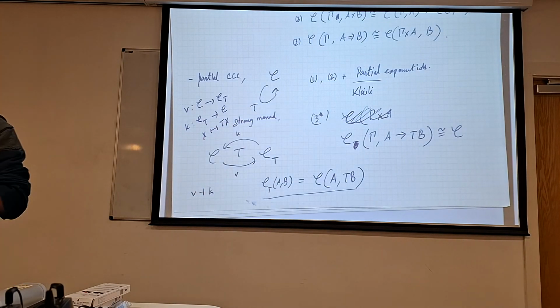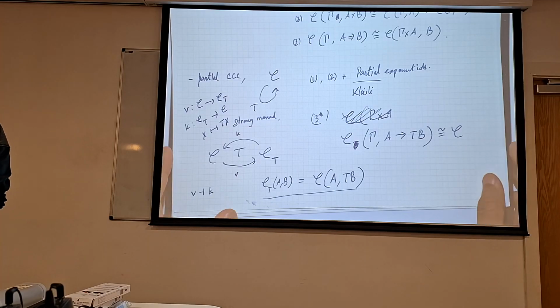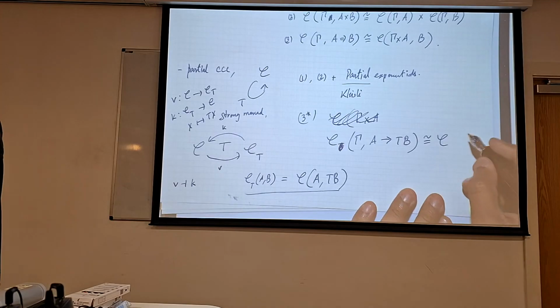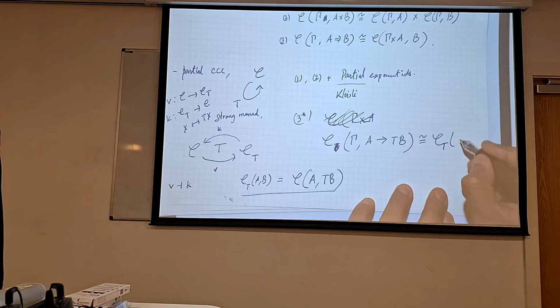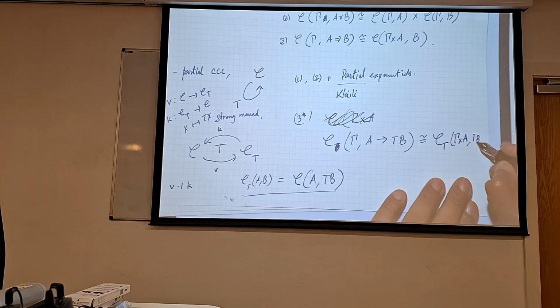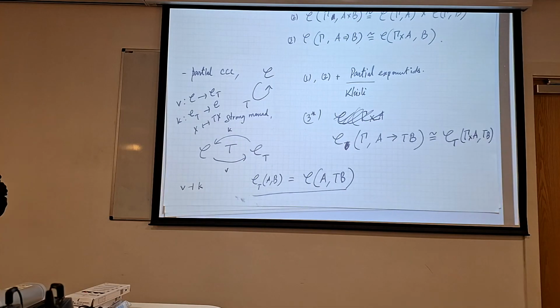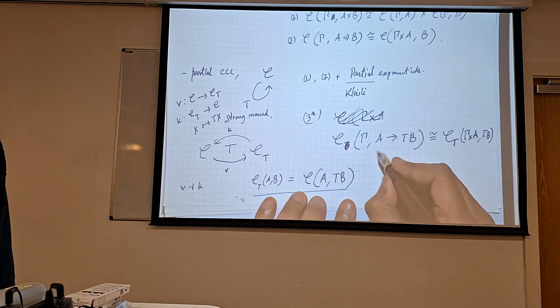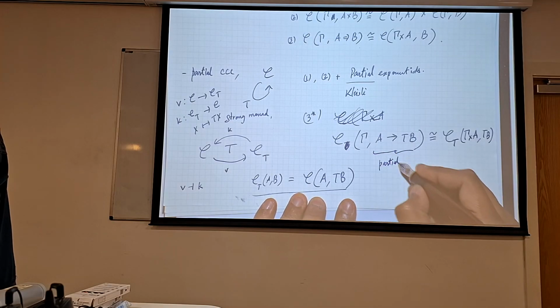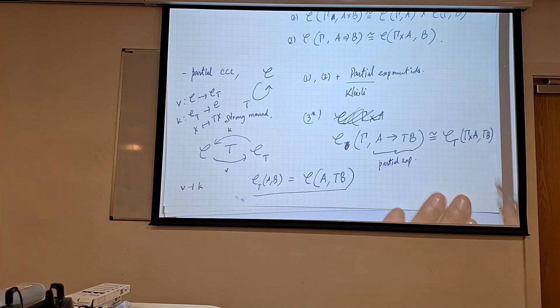All right. And partial exponentials are where I would write gamma times A comma T of B. And so this is now a partial exponential or a partial function.